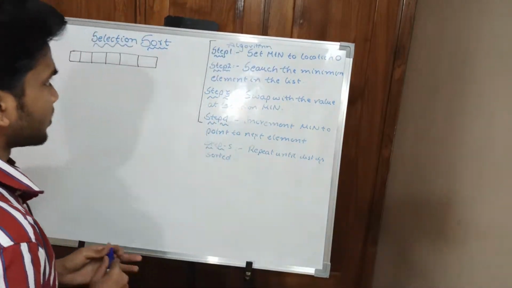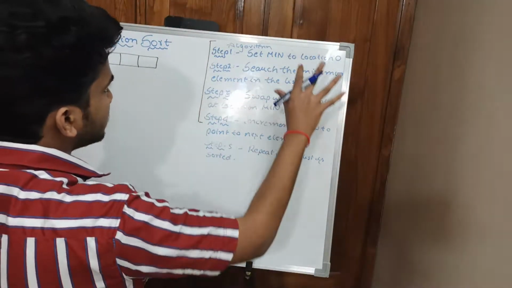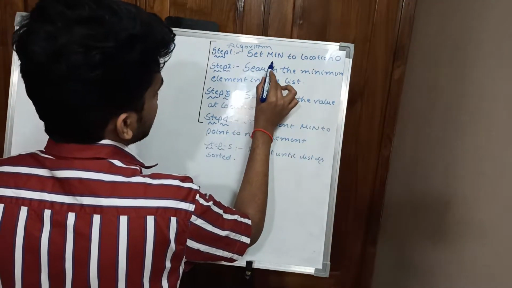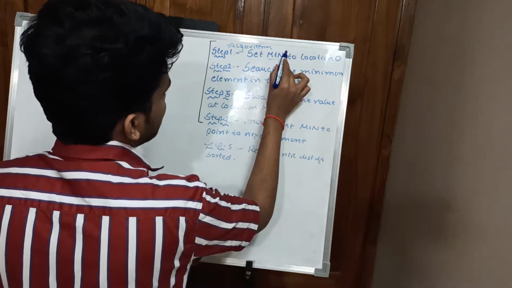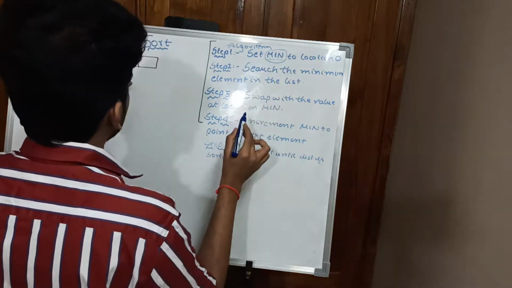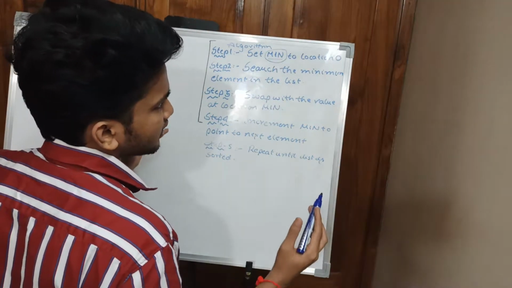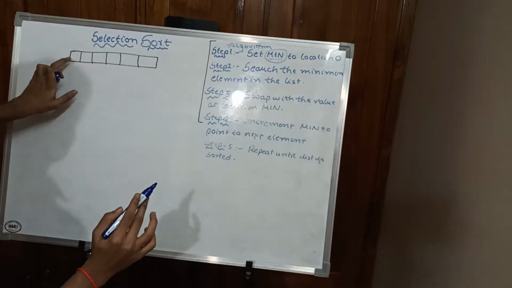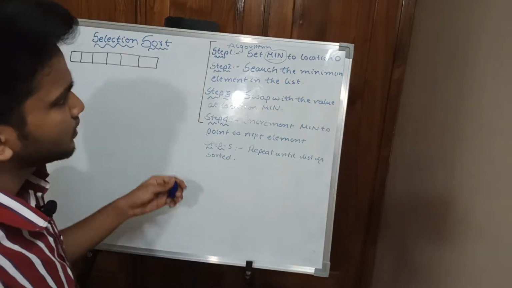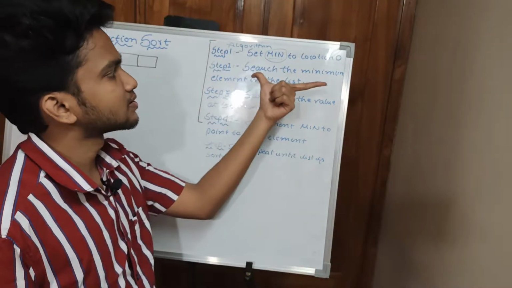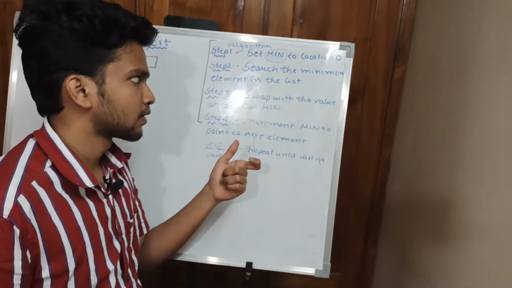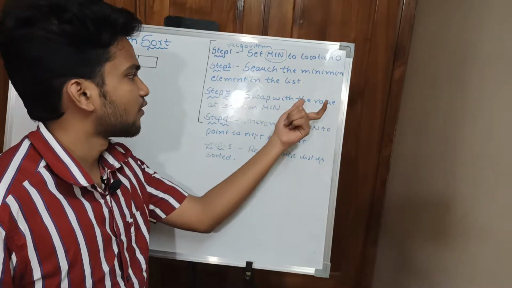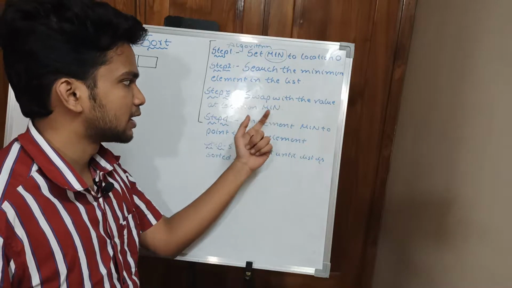According to this selection sort algorithm, first we have to set the minimum element. Here min means the minimum element in the complete array of elements, which we set to the first location, location 0, that is the ith index or the first location. The second step is to search for the minimum element in the list, and swap with the value at the location min.